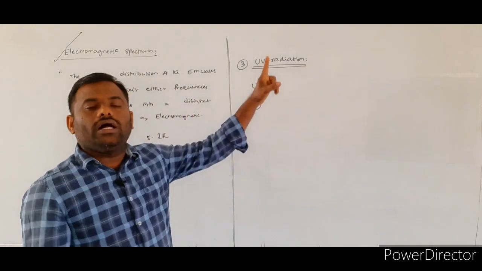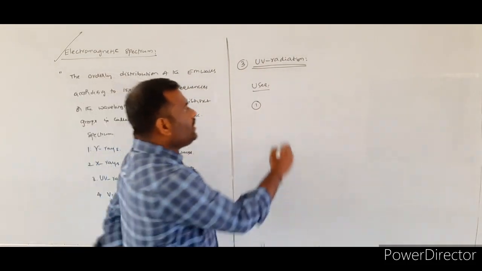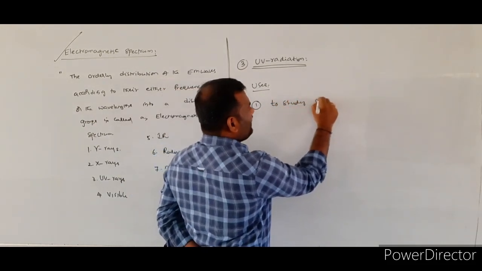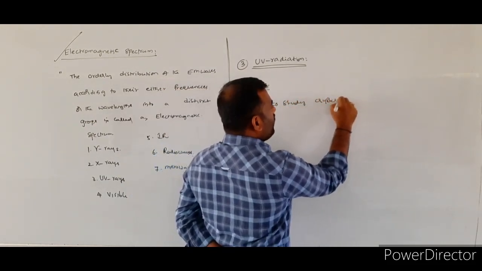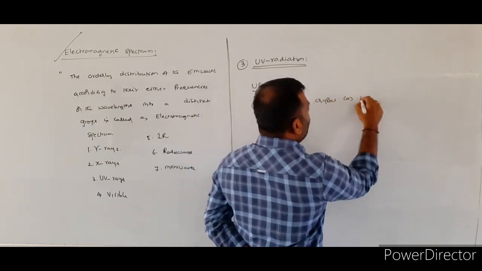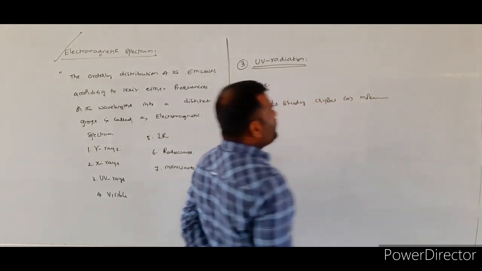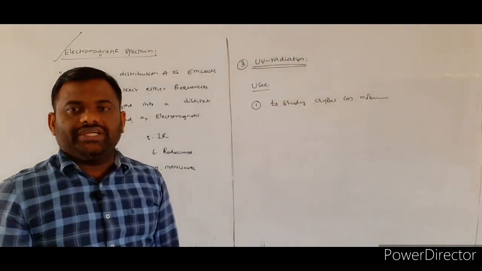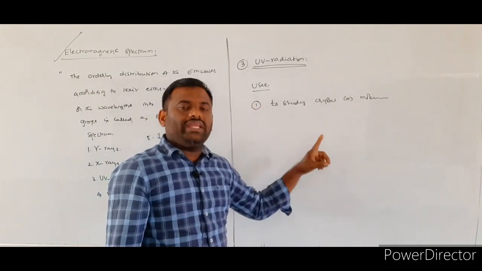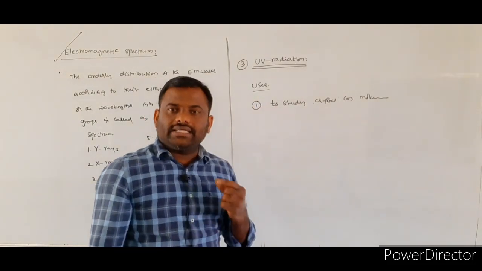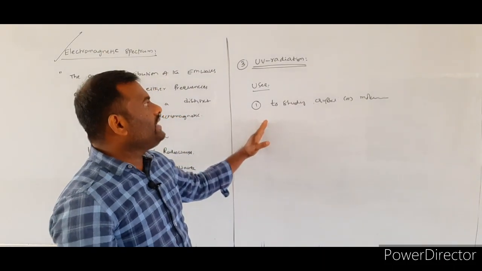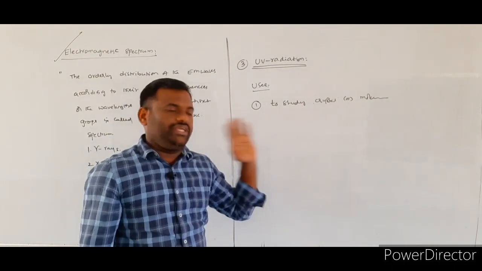We are using UV radiations to study crystals or molecular structures. By using the UV radiations, either we will study the crystal structures or molecular structures. For that purpose, we are using the UV radiation.